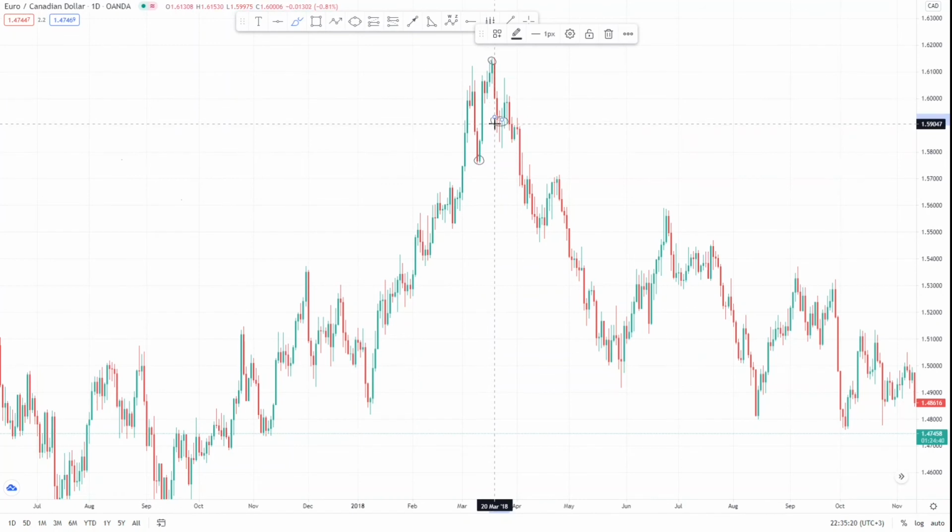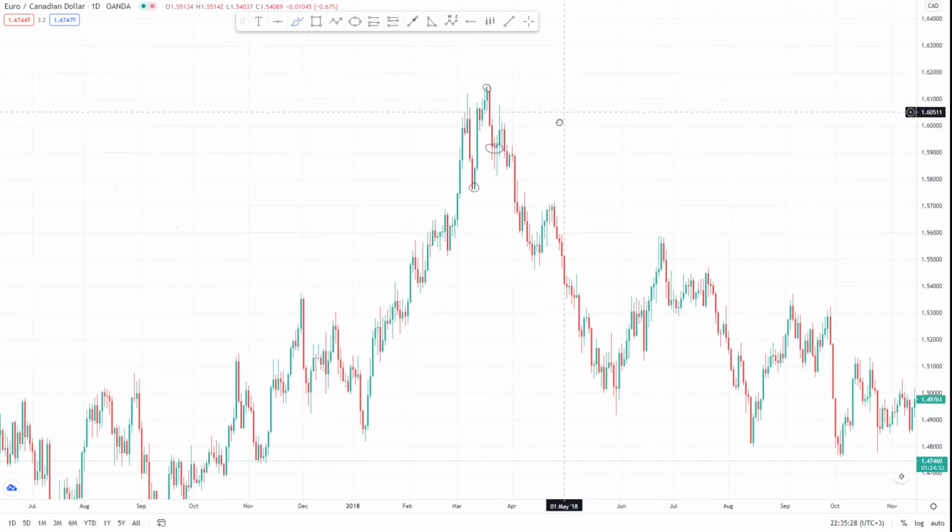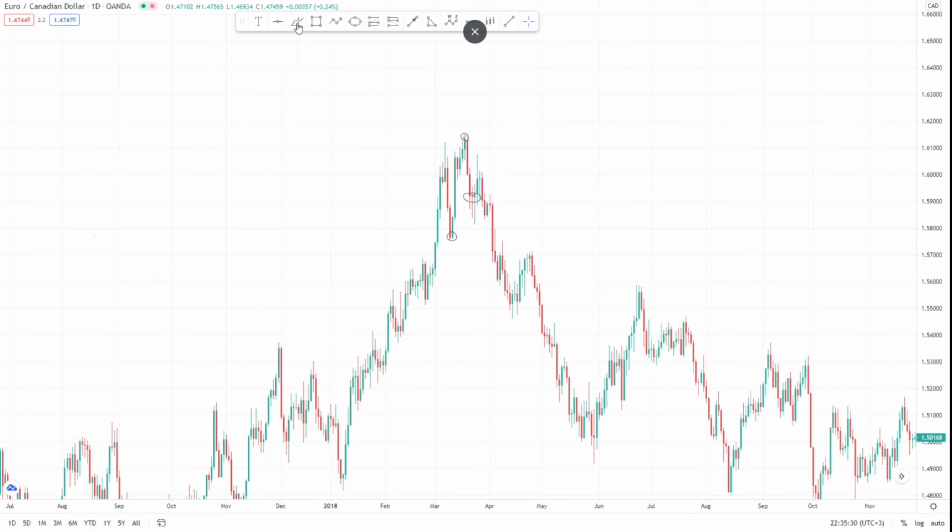So it creates a higher low. It's supposed to create a new higher high. It's supposed to push through this point and create a new higher high, so that it can come down and create a new higher low, then go up. But it doesn't do that.